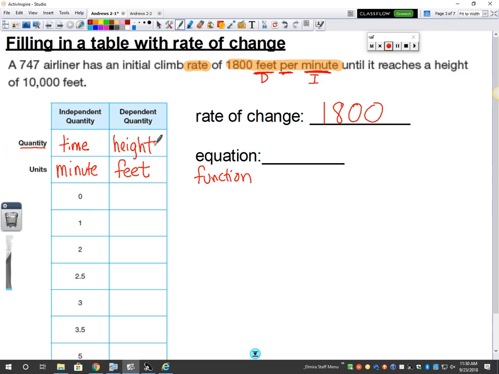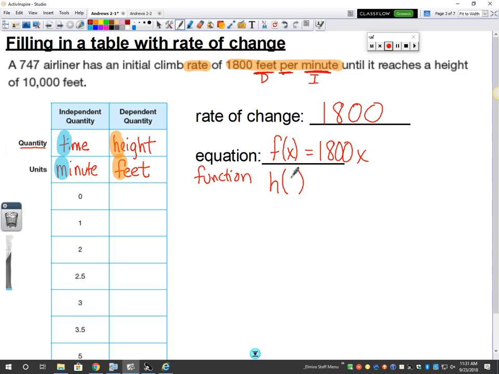So when we write a function for this, we can write it a few different ways. You can write it generically, f of x equals 1,800 times x. That's fine. Or you can personalize it to the question by using the first letters of what we're talking about. We can kind of mix and match. In place of the F, you would use, say, H for height, or you can keep the F and keep it F of feet.